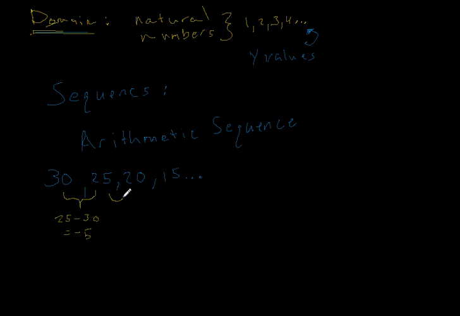And then take 20 and subtract 25. So 20 minus 25 also gives you -5. And now you see that, yes, 15 minus 20 gives you a value of -5, so there is a common difference here.